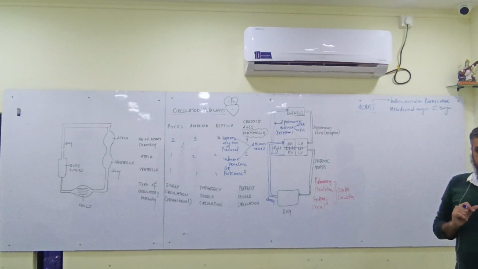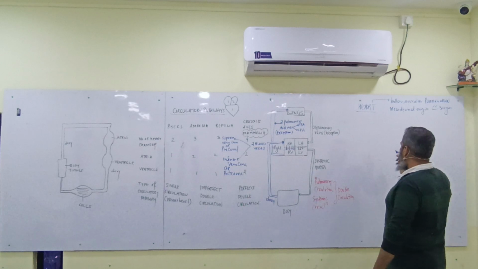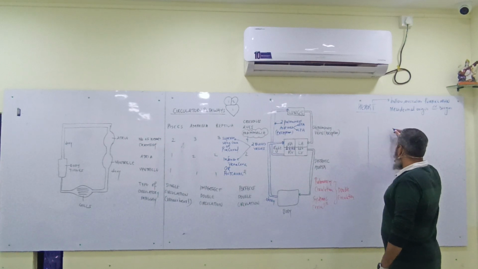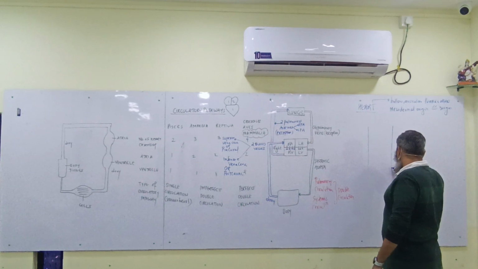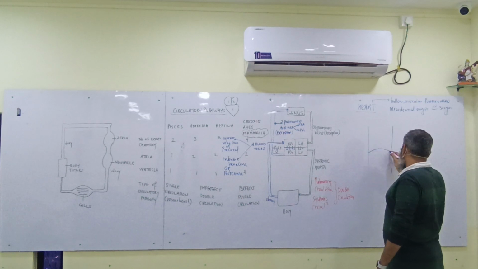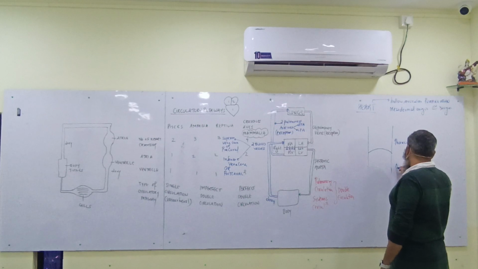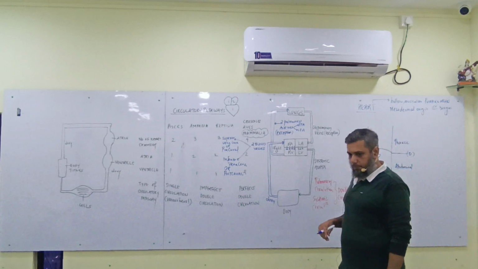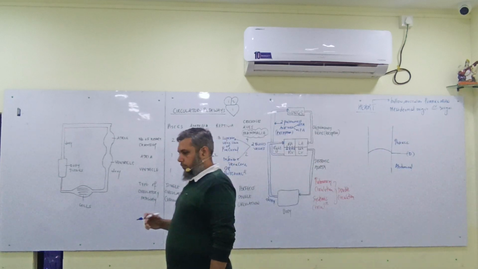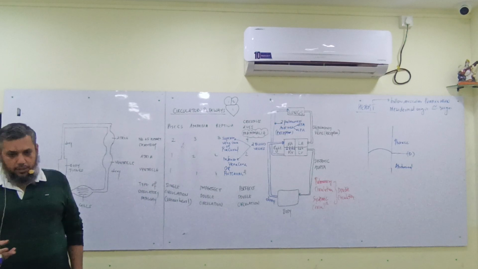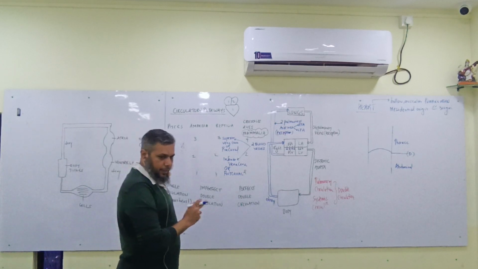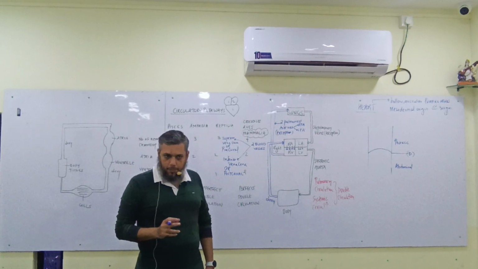So where is it located exactly? Let me divide your body into two big cavities, thoracic and abdominal, by a muscular diaphragm. So I have the thoracic cavity and the abdominal cavity divided by the muscular diaphragm.